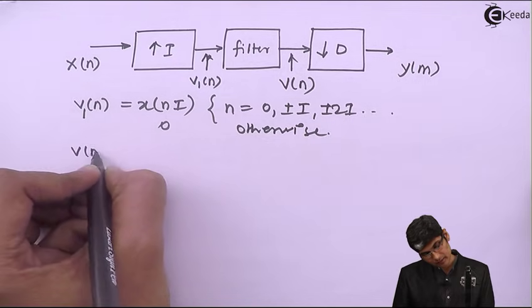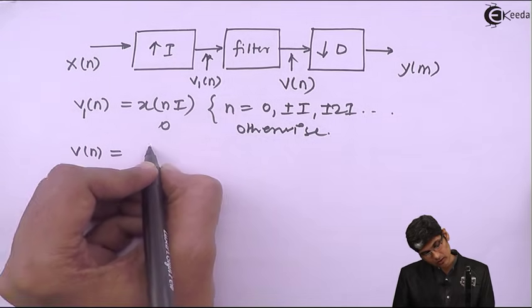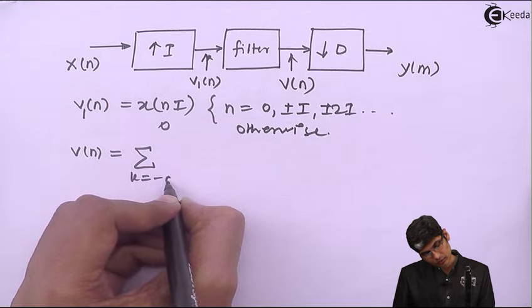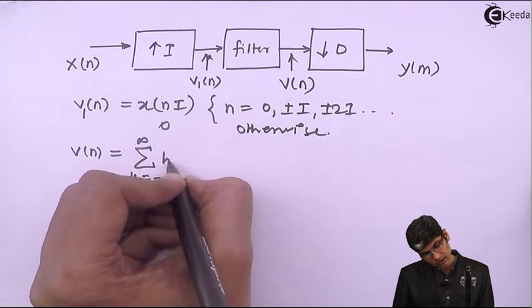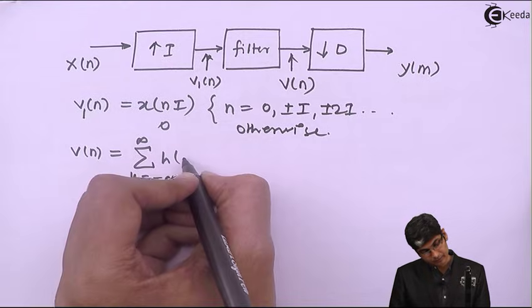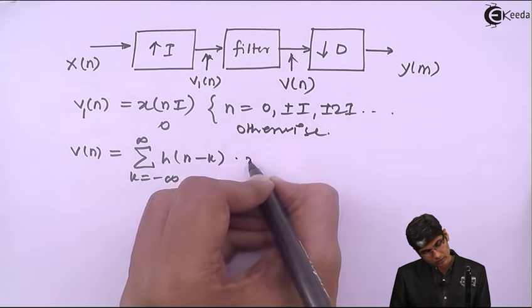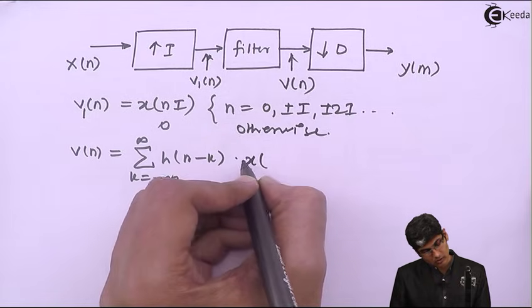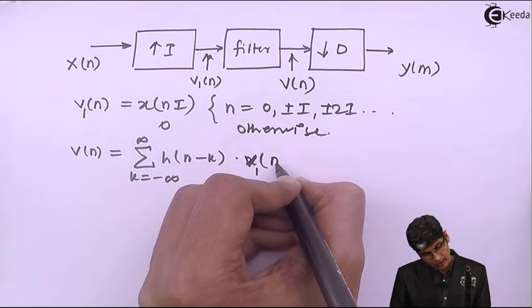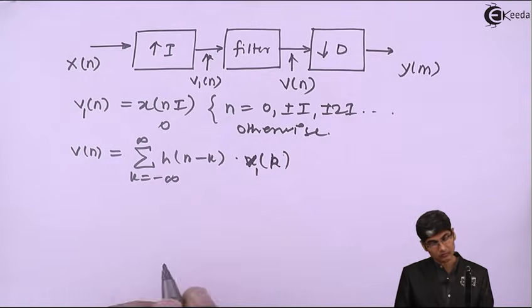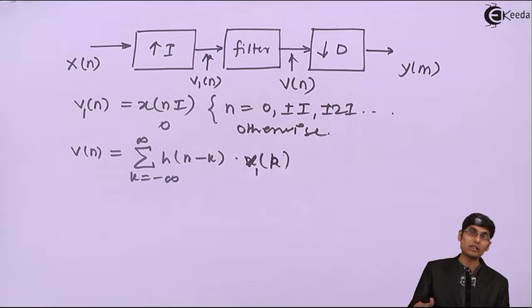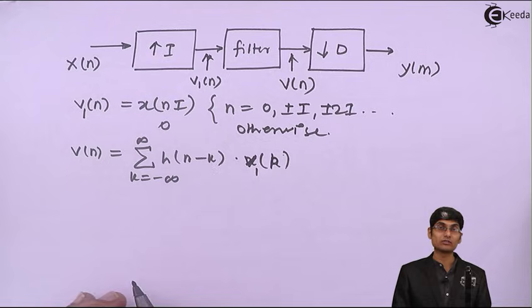So v of n will be the convolution over k from minus infinity to plus infinity of h of n minus k into v1 of k, where then you can substitute x of n and find the further versions.